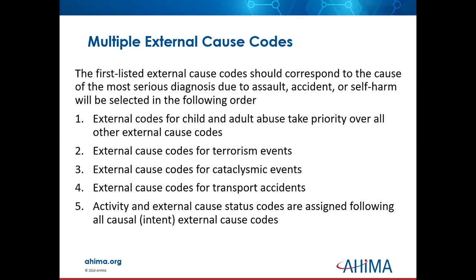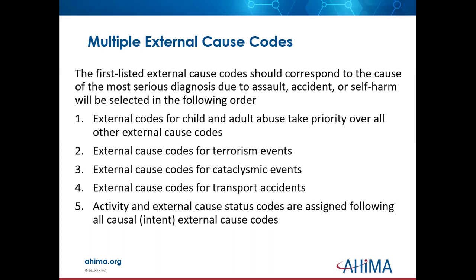Cataclysmic events like earthquakes, hurricanes, what have you, take priority over everything except terrorism and child and adult abuse, since child and adult abuse takes priority over all other external cause codes.